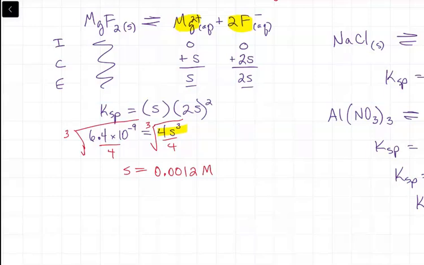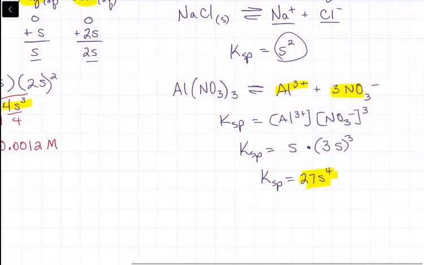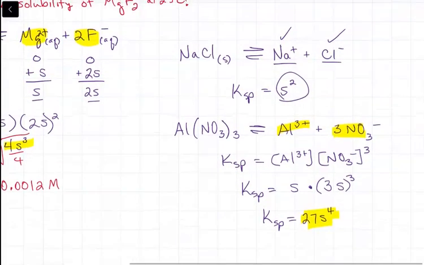Okay, and then the other thing we need to talk about in terms of just introducing Ksp is that Ksp and solubility can be predictable, but only if compounds do have an equal number of ions. We just got done talking about these different Ksp setups.